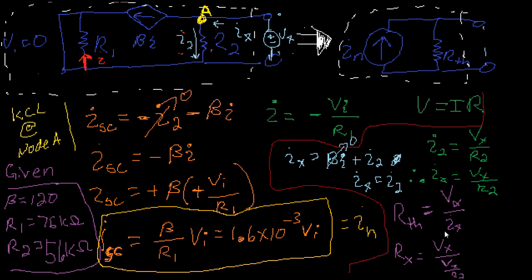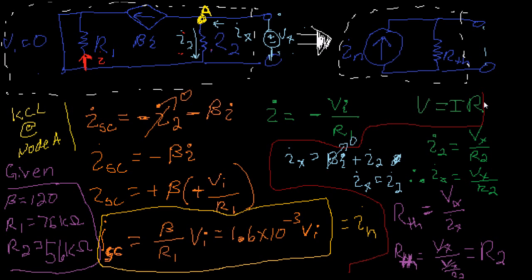Sorry, I'm getting tight here. These Vx terms cancel, and the R2 pops upstairs. So that's just R2, and that's our RTH. Sorry guys, it's early in the morning, I haven't had my coffee yet.